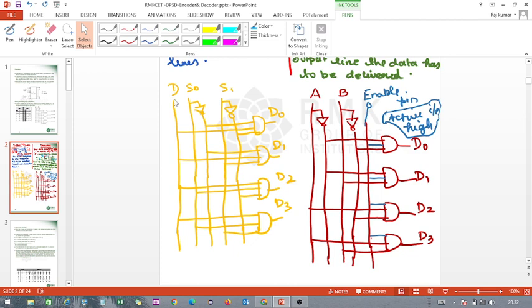Here you have the data line, one input line. That line could carry either 0 or 1. Based on the line you want to deliver, you make that one enabled. I taught you how that is made, through which it gets delivered. Now here the same selection line is used as an input line, but it still works the same way.